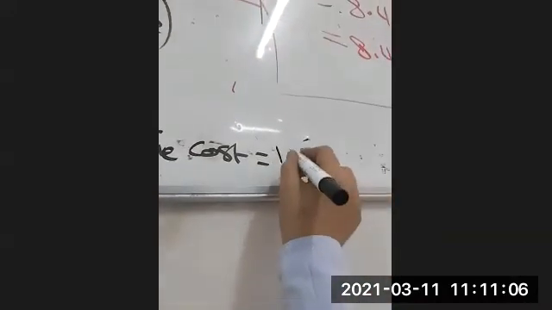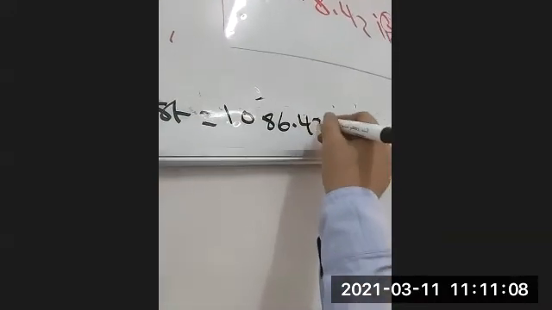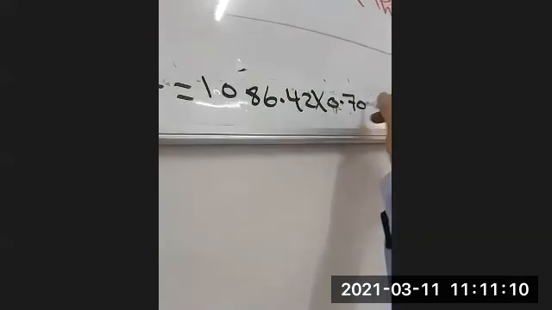So it is 1,086.42 multiplied by 0.70, which is equal to 760.49 dollars.